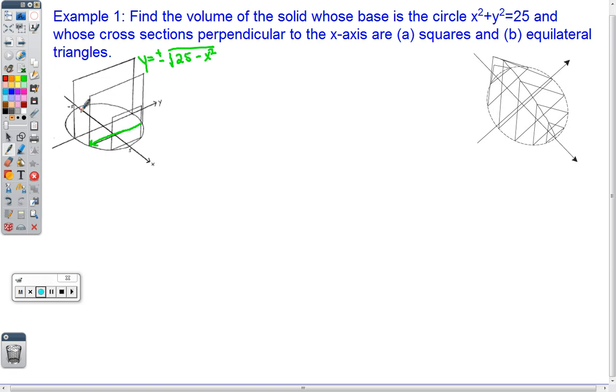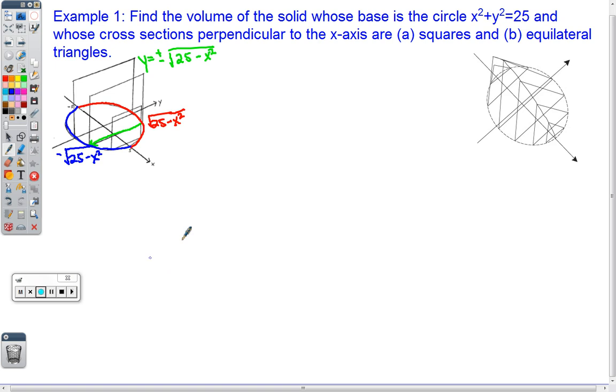It doesn't seem like it, but it really does. The top function is going to be the positive square root of 25 minus x squared, and on the bottom is going to be the negative square root of 25 minus x squared.